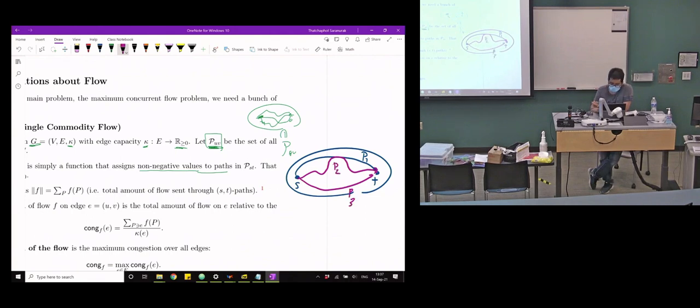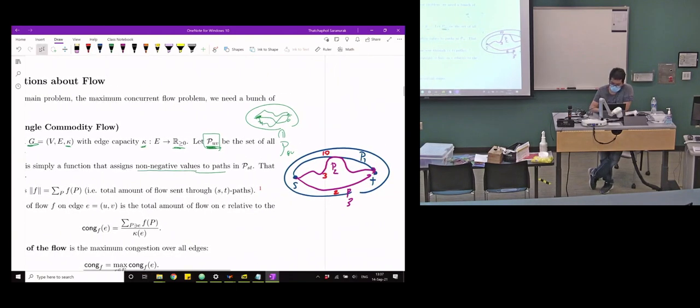You literally just assign the flow value along the path. The first one maybe 10, second one maybe 3, and something like that, right? By the way, the value on the path, I write it like this. So the flow value on path 3 is now 2. Okay.